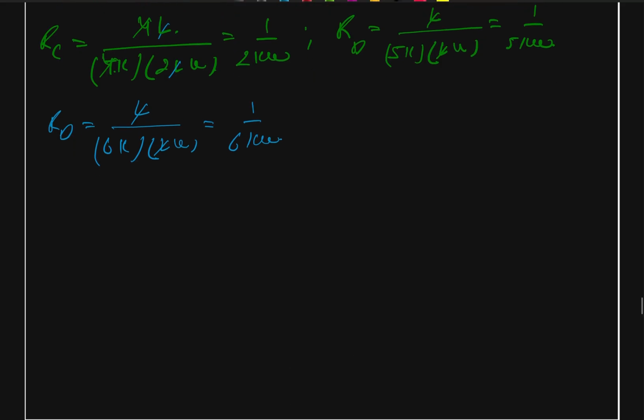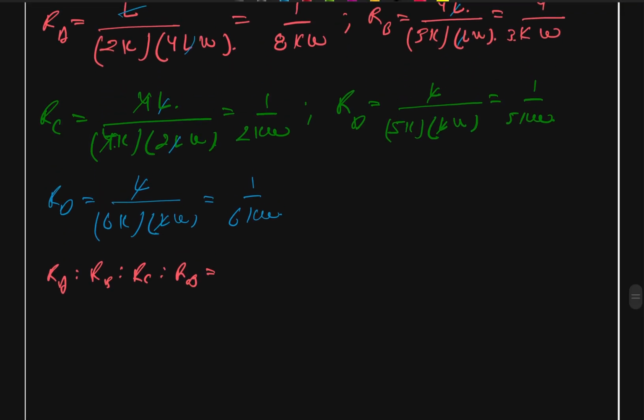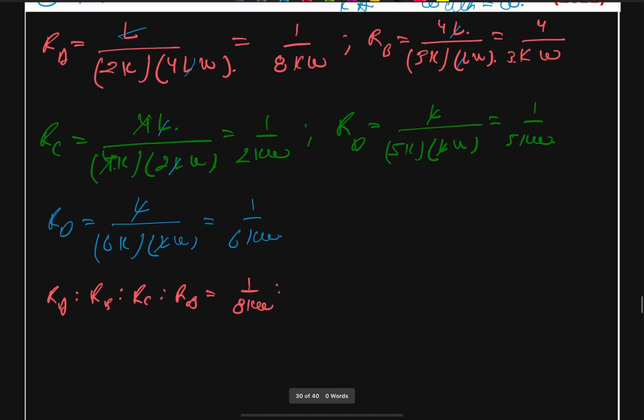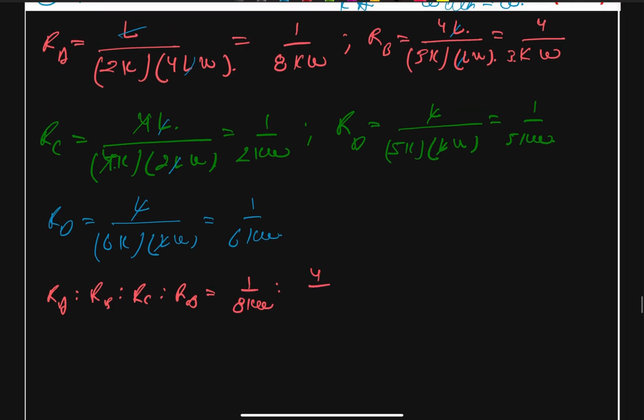So we can say RA, RB, RC, RD as well as RE will be equal to 1 upon 8KW, 4 upon 3KW, 1 upon 2KW, 1 upon 5KW, and last is 1 upon 6KW.